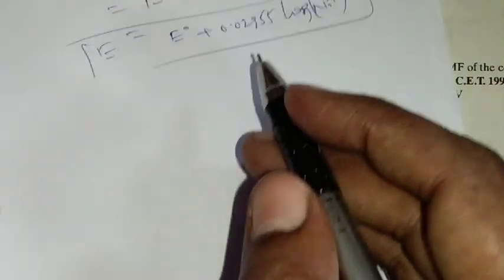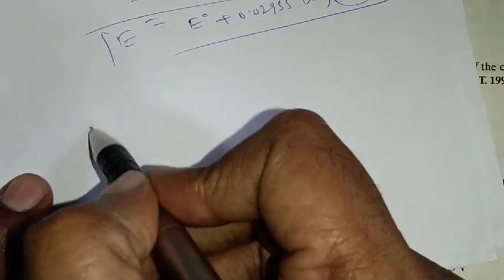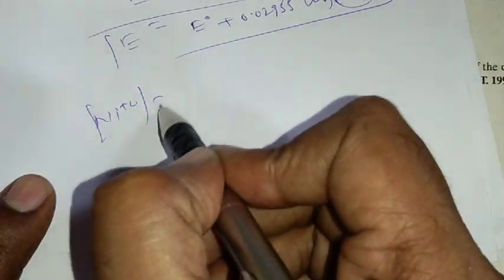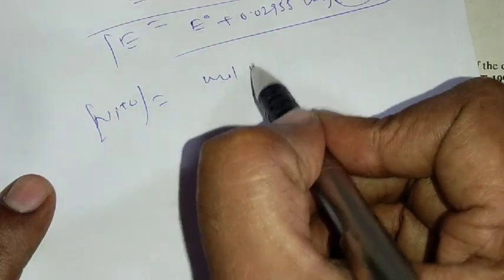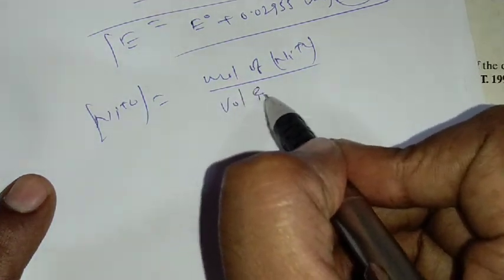Now here one small explanation about the concentration. We must be aware of the concentration. Nickel 2+ concentration is equal to moles of nickel 2+ by volume in liters.